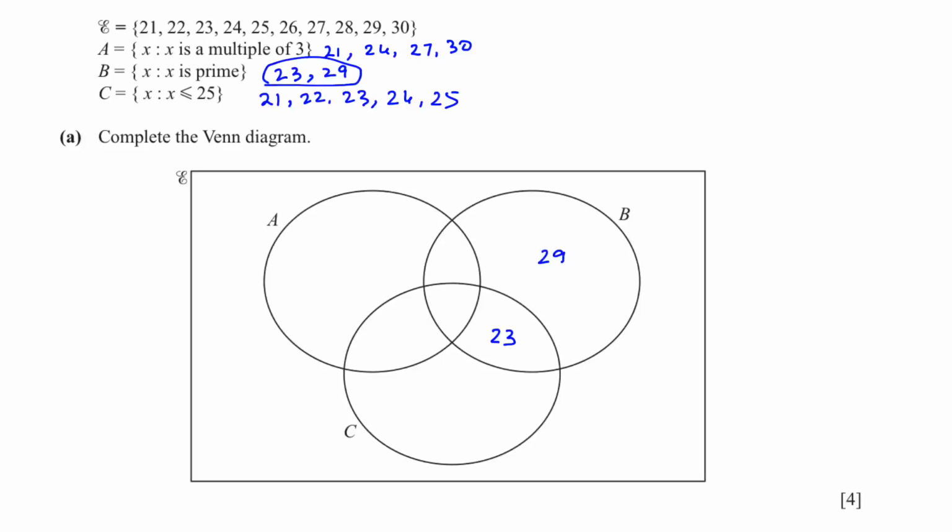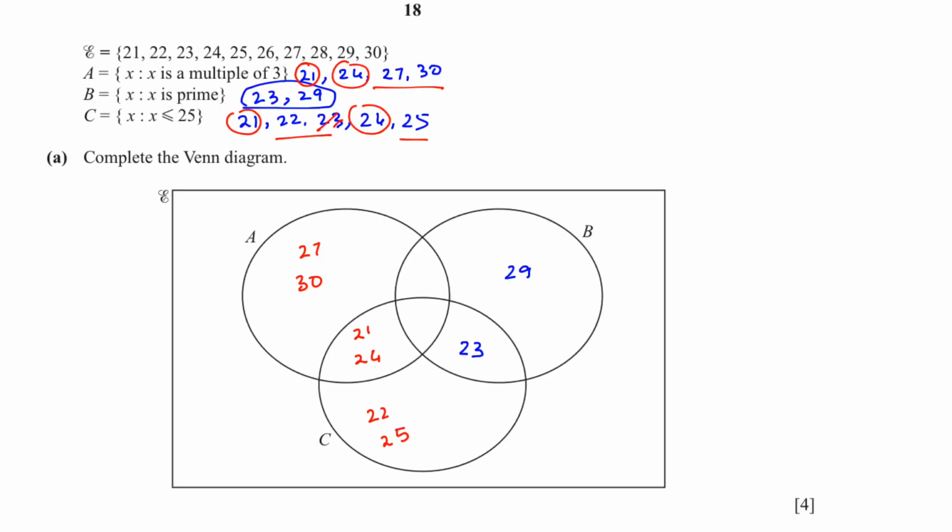Now let's check A and C. 21 is common, 24 is common. So that is what we are going to write in the part which is common in A and C. Whatever is left, we will write it in A, and these numbers are part of A. 23 we already used, so 22 and 25 are part of C. So now what numbers are remaining?